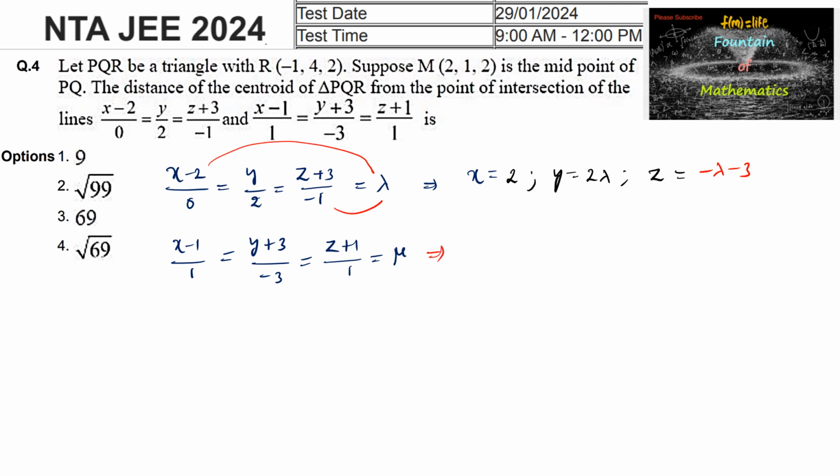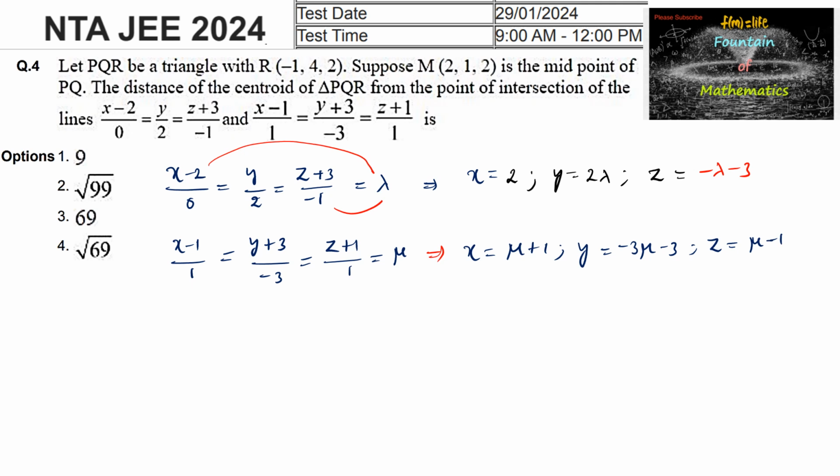Similarly, from the other line we can write x is equal to mu plus 1, y is equal to minus 3 mu minus 3, and z is equal to mu minus 1.